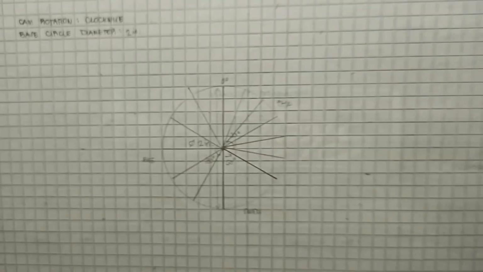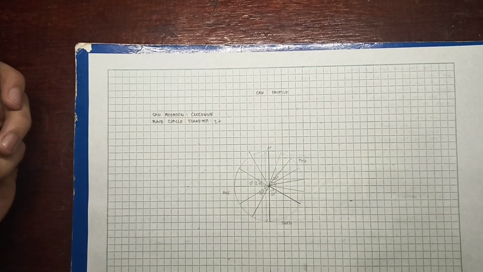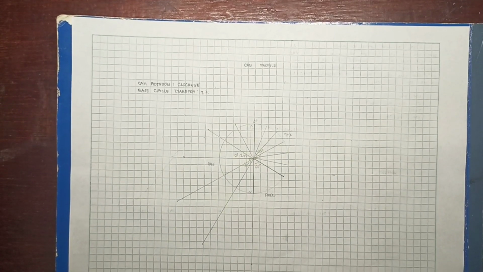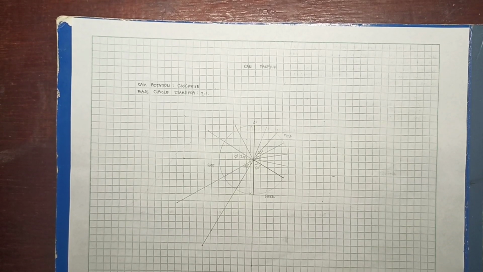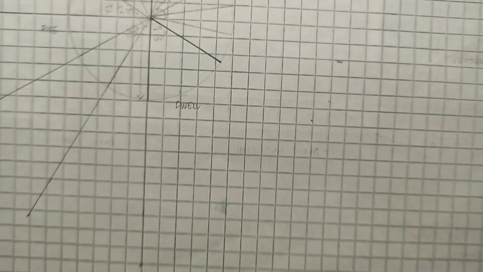We must repeat this process for all the points in our rise sector. As you can see, we are already done marking all the points in our rise sector. The next is the dwell sector. The dwell will remain at this site until it reaches the first point of our fall sector.